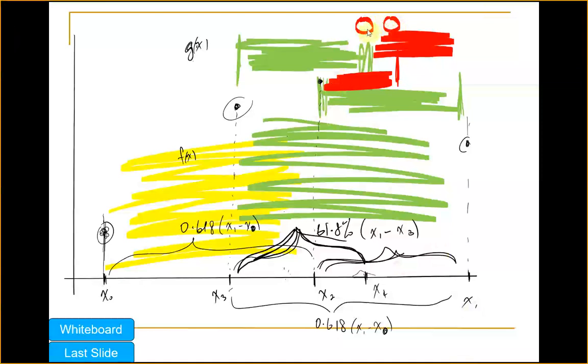Then I look at both and say which is largest. If this one is largest, then my new bound is going to be this and that, so that the larger value is within the bound. If this one was larger, then the new bound will go from here to here, so that a larger value again is within the bound, and so on.